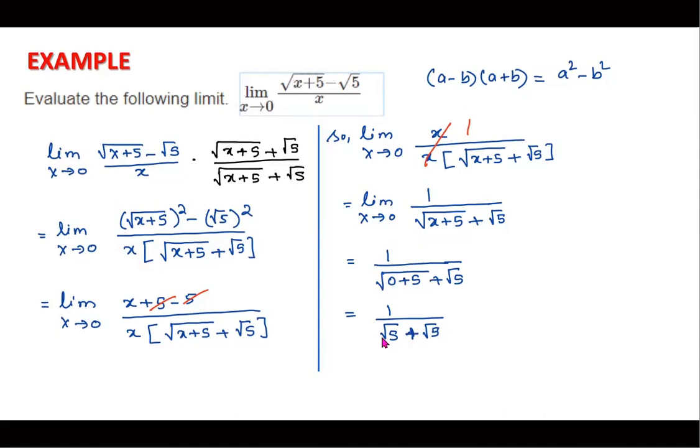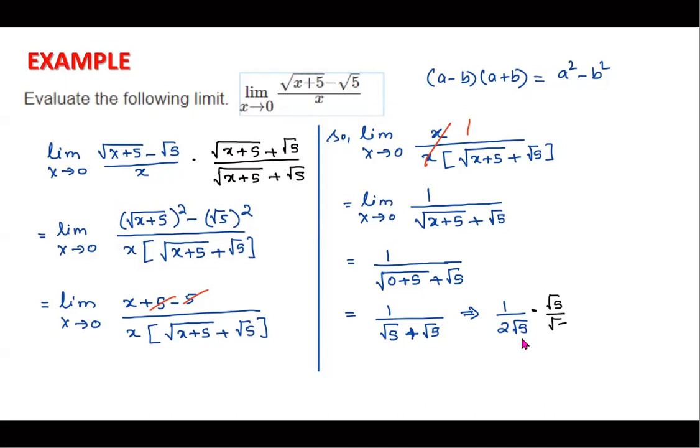So that is the same as 1 over 2 square root of 5. That's our answer, but we have a radical in the denominator. So we multiply by the square root of 5 and rationalize the denominator, because we don't leave a radical in the denominator.